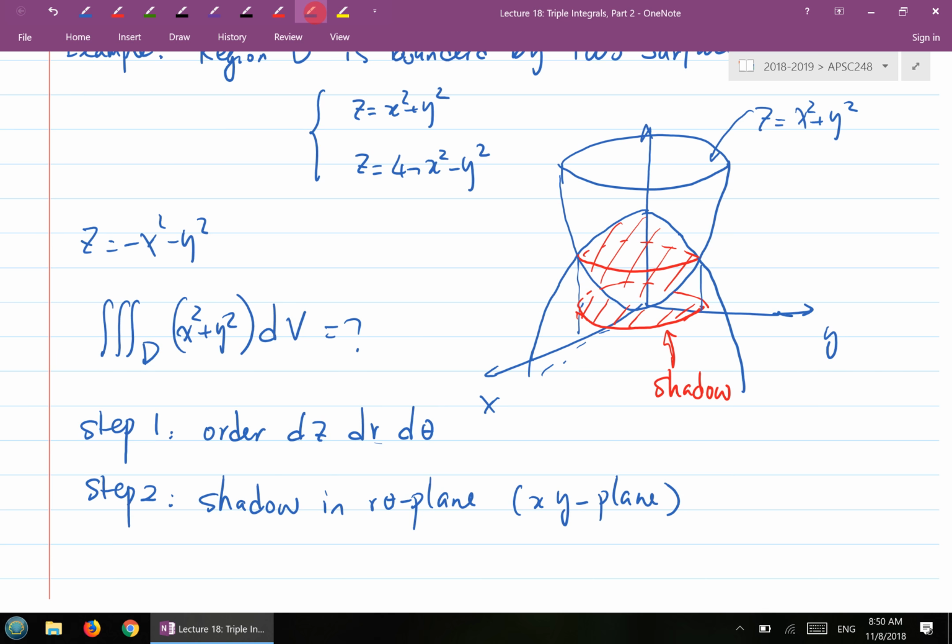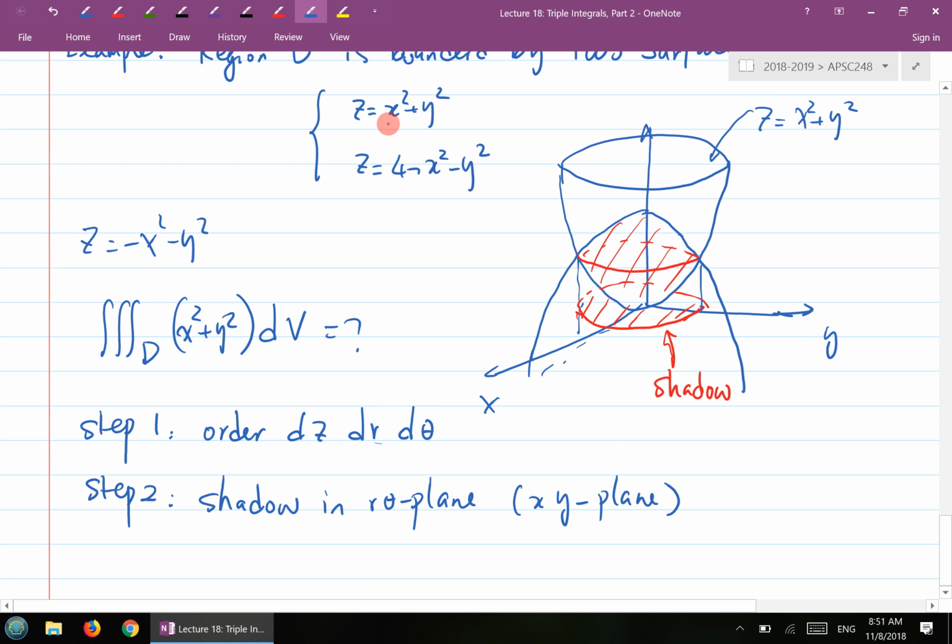So how do I find the expression for the shadow? As I said, the shadow is basically this intersection between this paraboloid and the other paraboloid. So all we need to do is find the intersection using the two equations.